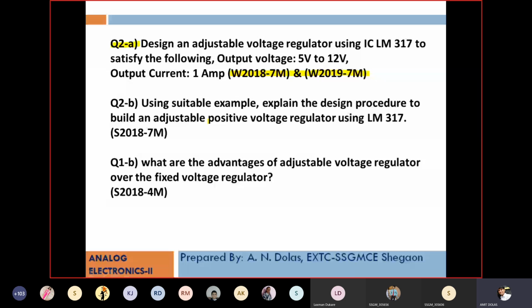Here is one question asked in summer 18 for 7 marks, question 2b. I have not provided a solution, I will tell you why. Using a suitable example, explain the design procedure to build an adjustable positive voltage regulator using IC LM317.